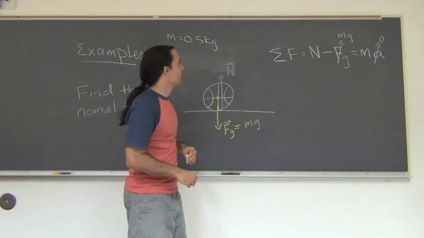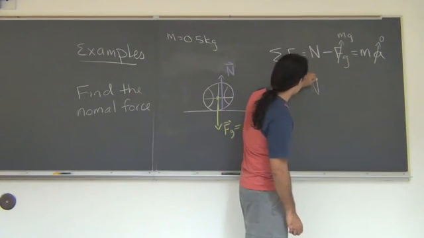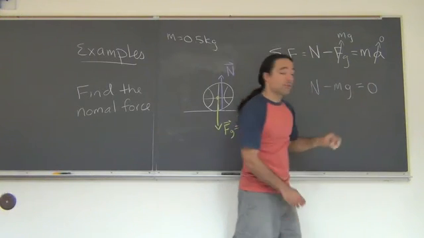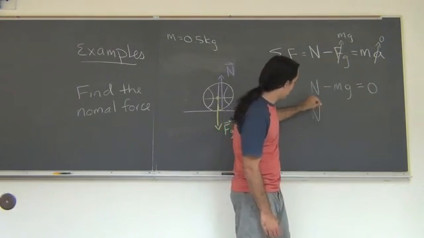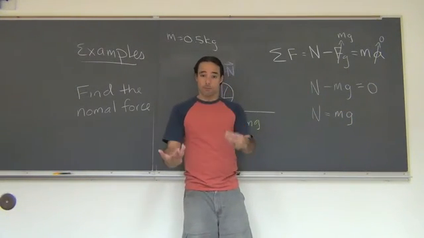So I look at that. I say, all right, I've got 0 on the right-hand side. That gives me the normal force minus mg has got to be 0, which means my normal force has to be equal to the mass times g. Now I can plug in numbers.